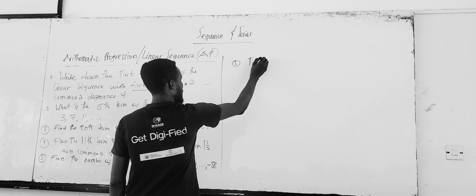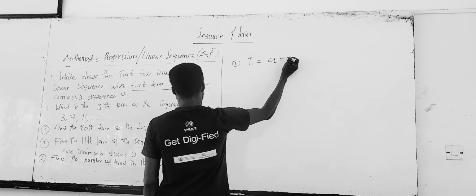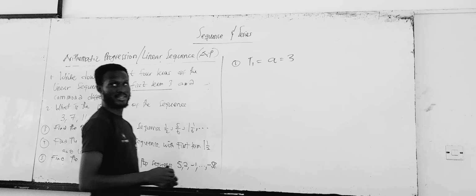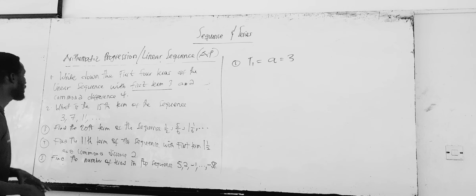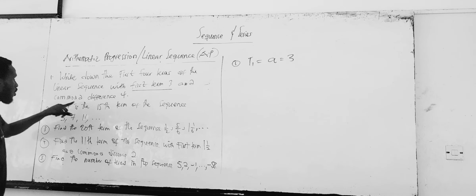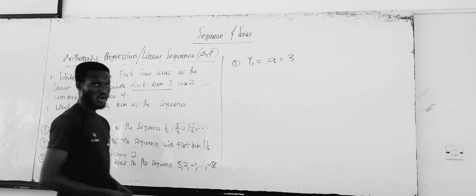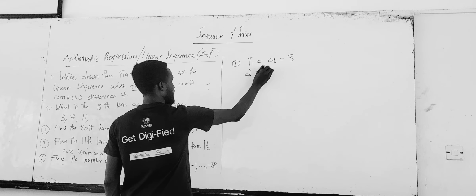Don't forget the first term is T1, which is the same as a, and it is given as 3, and common difference 4. Don't forget the common difference is the same as d, which is 4.